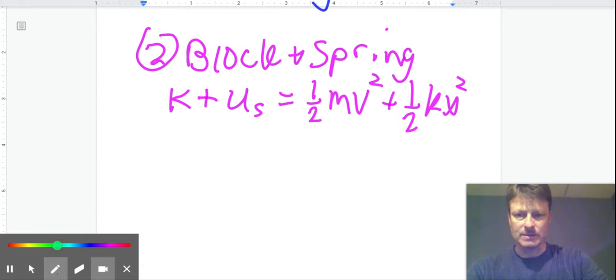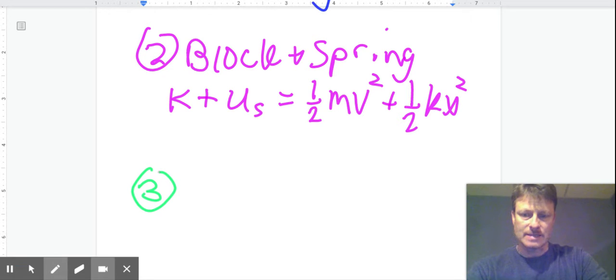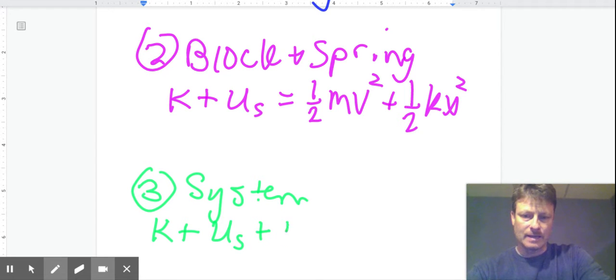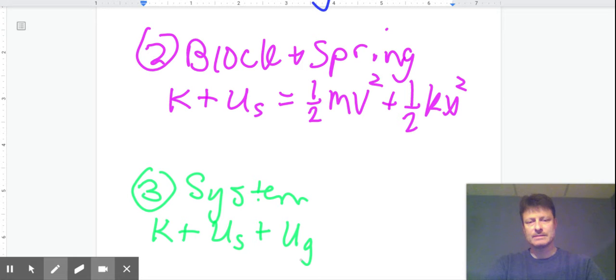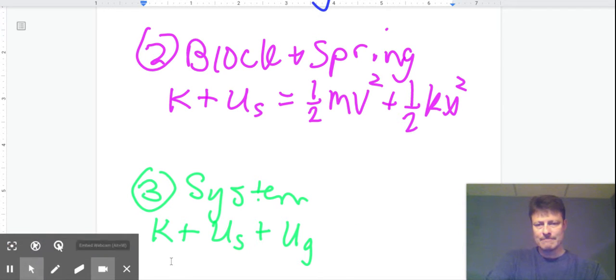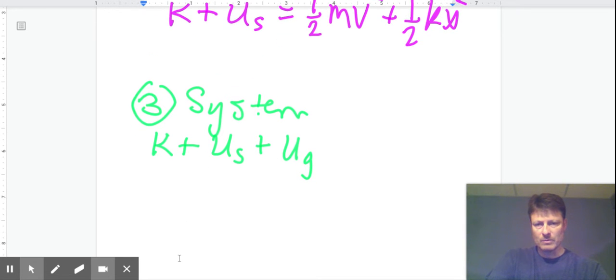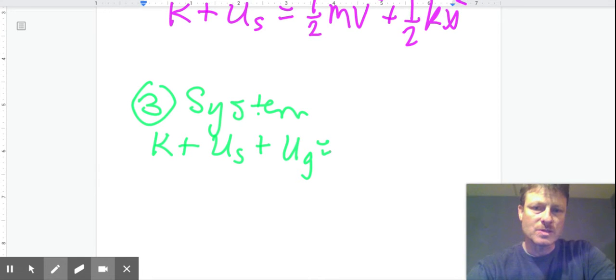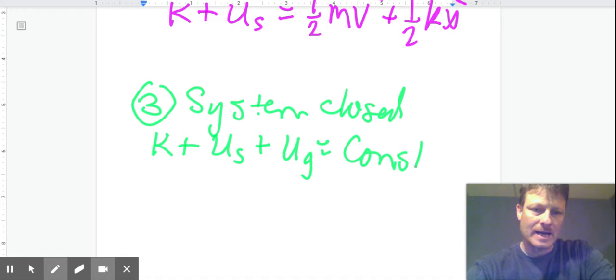If you go back, the third has the whole system. In that case, you should have the kinetic energy of the block, potential energy in the spring, and the potential energy due to gravity. But that's a closed system, so that should equal a constant.